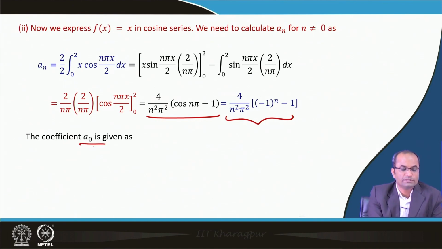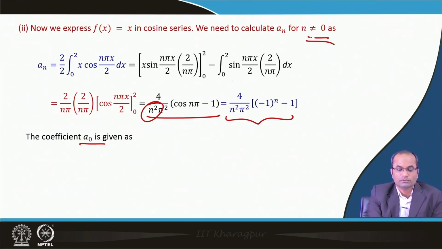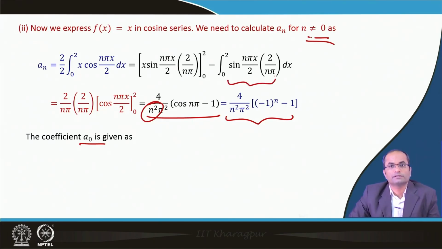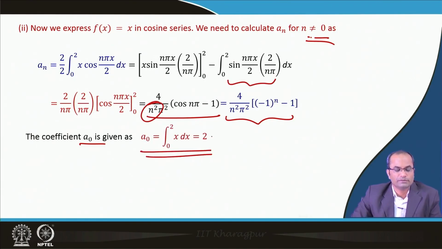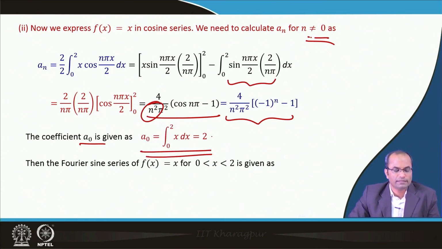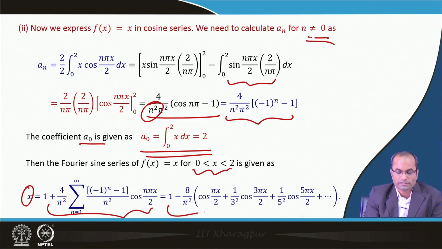The coefficient a_0 we have to compute separately, because this was not possible directly with a_n because of this denominator n. So, a_0 we can separately compute, which is coming 2 there, and now we can write down the Fourier series for x, which is given in the interval 0 to 2. So, we have x equal to completely the cosine series.